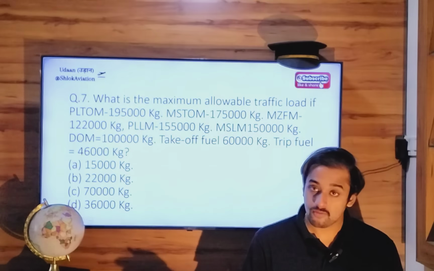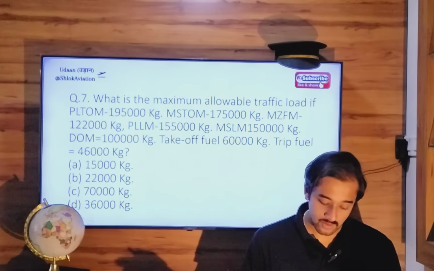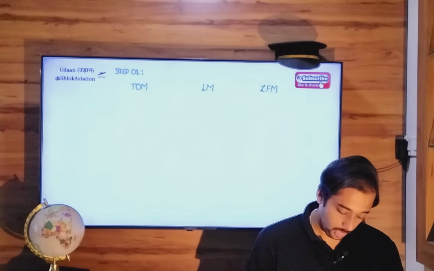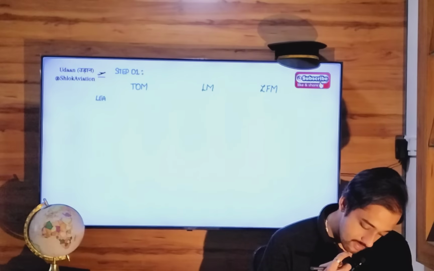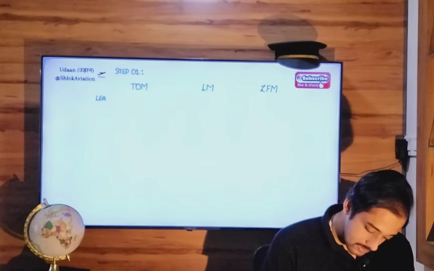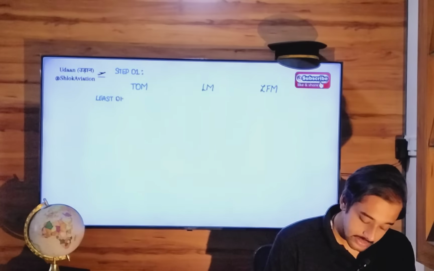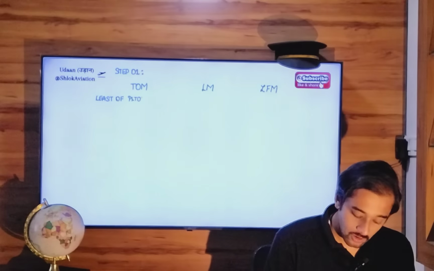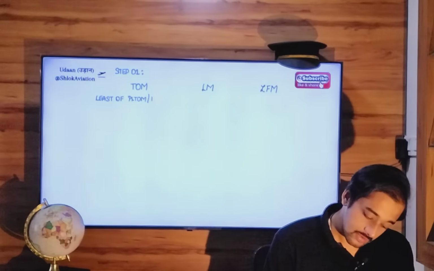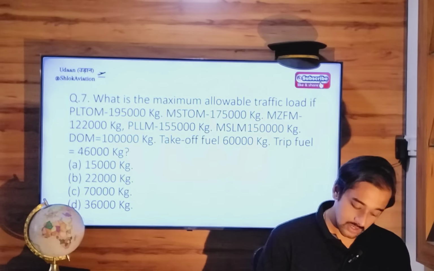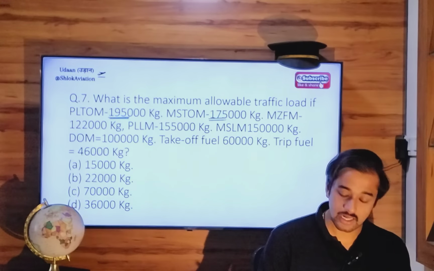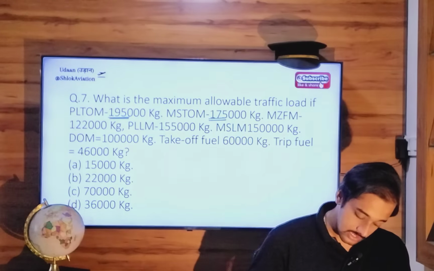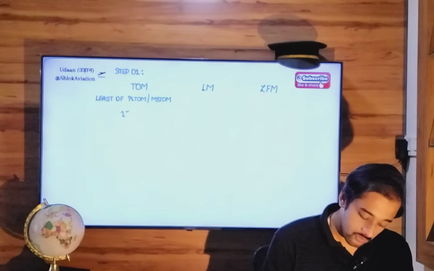I'm going to write the least of performance limited takeoff mass or maximum structural takeoff mass. So performance limited is 195, maximum structural limited is 175. So you are going to write the value of 175.